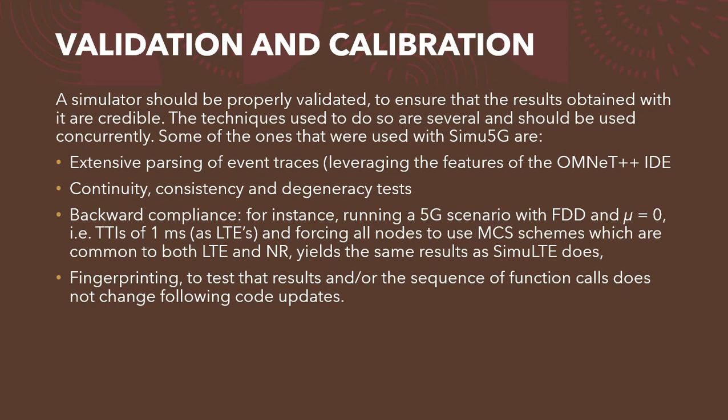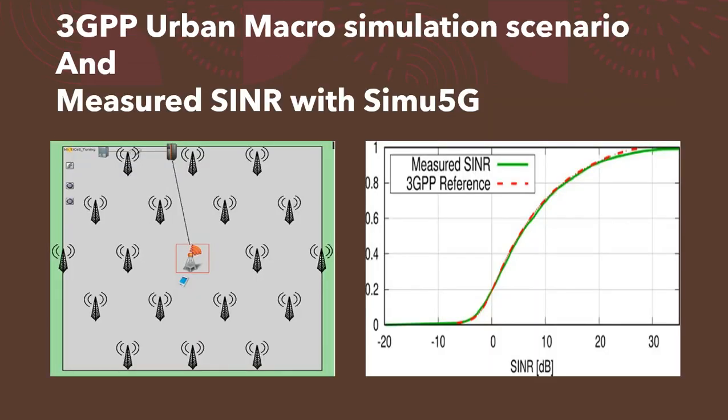Fingerprinting to test that the results or the sequence of the function calls does not change following code updates. Now we have 3GPP urban macro simulation scenario.